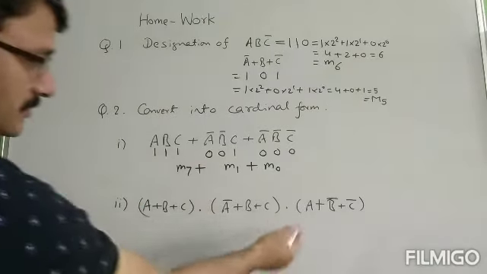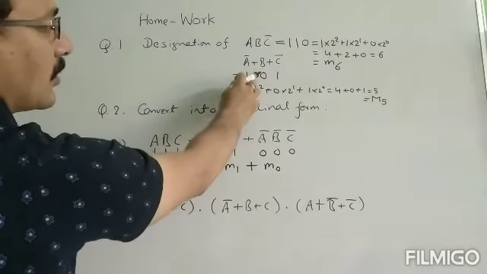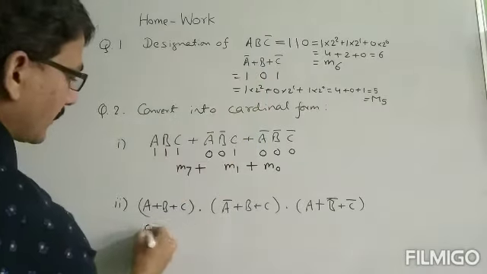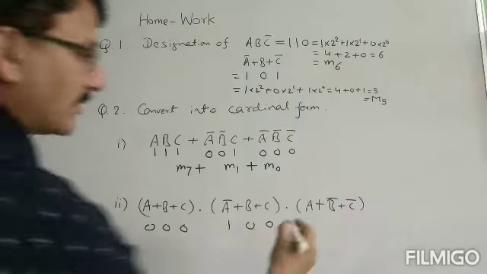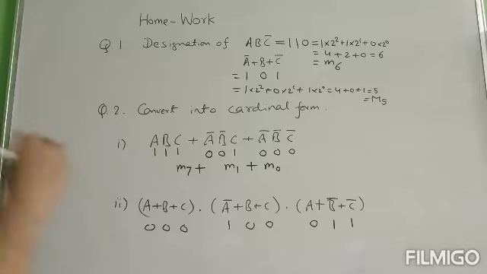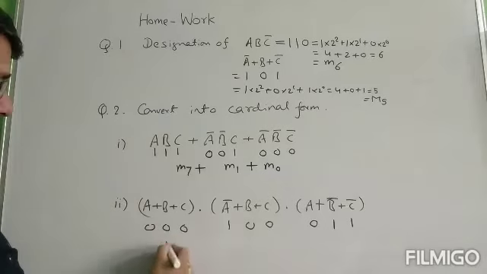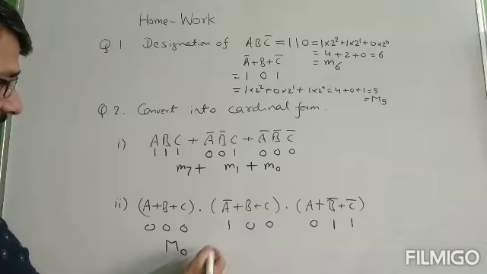Same for POS, so these are the max terms. What happens in a max term? Non-complementary terms are replaced with 0 and complementary terms are replaced with 1. Convert this: everything is 0, and which sign is there? AND sign.